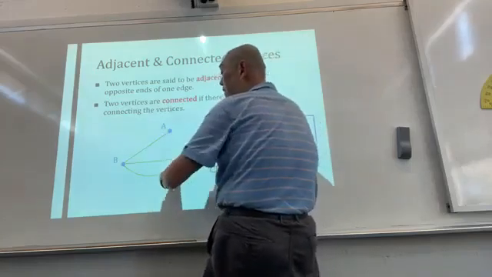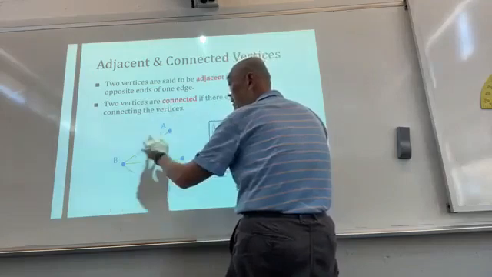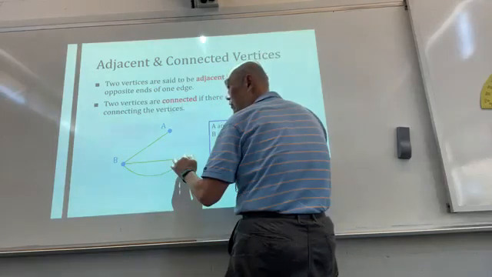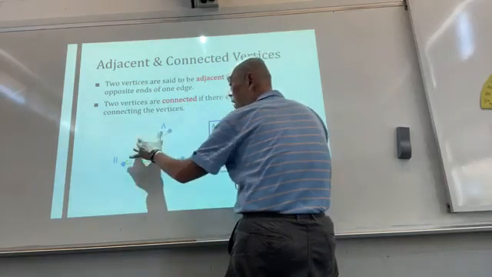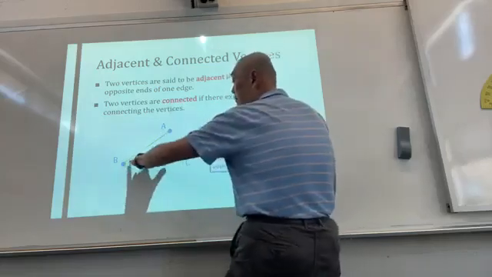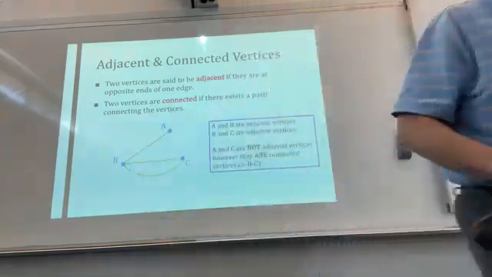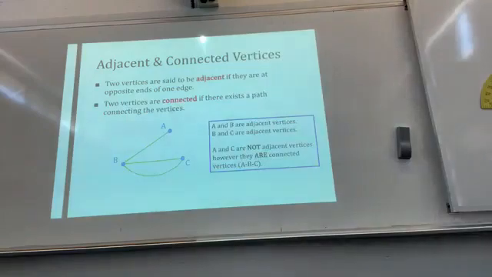But they are connected because A can go to B, and B can go to C. So AB are adjacent, BC are both adjacent, whereas AC are not. But they are connected because you can go from A to B to C. So the next definition is: two vertices are connected if there exists a path connecting the vertices.